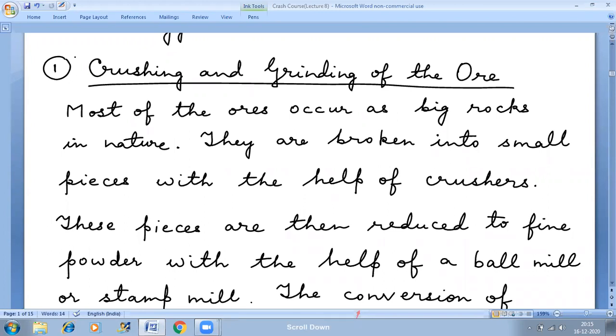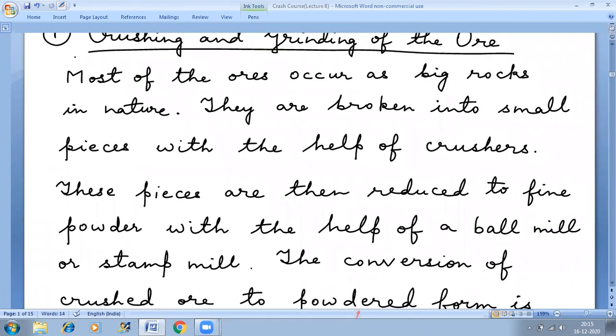Once these pieces are obtained, the pieces are further reduced to a fine powder with the help of another type of device called a ball mill or a stamp mill. So there are different devices and instruments which are used to crush, grind, and convert to the powdered form. First we will crush, break, and grind, and finally we will convert the small pieces to a fine powdered form, which is why it is called a powdered form.